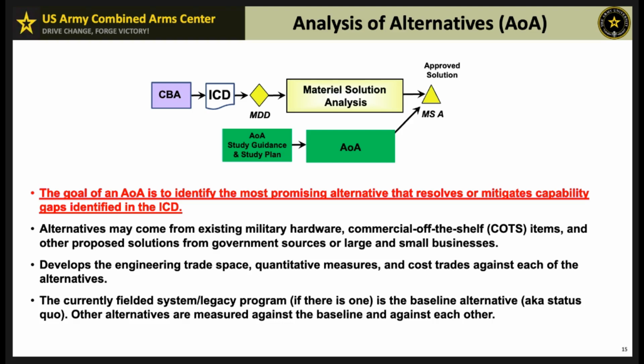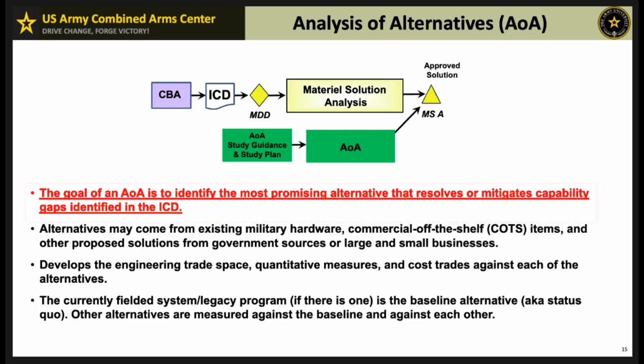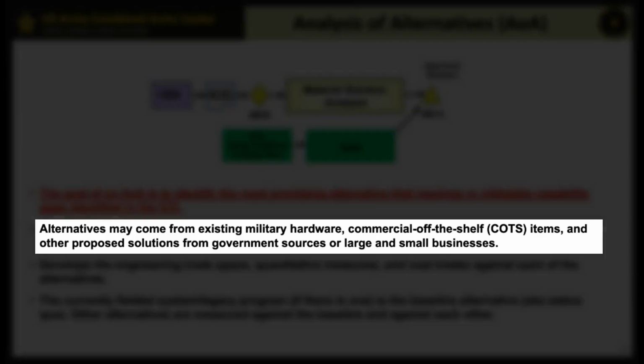So key points include the purpose. The AOA seeks to find the best solution by comparing alternatives based on how well they mitigate the identified capability gap, utilizing existing military hardware, commercial off-the-shelf items, and other proposed solutions.